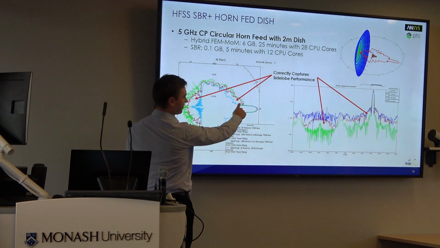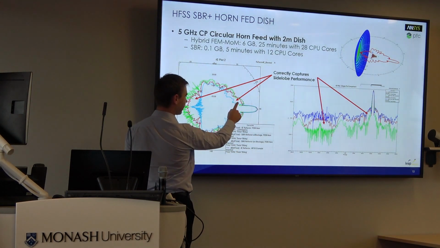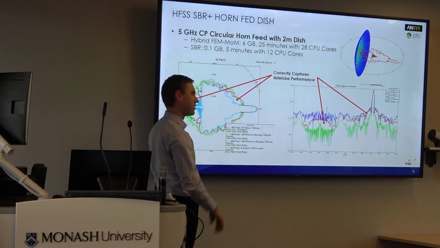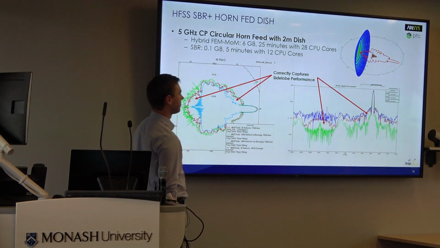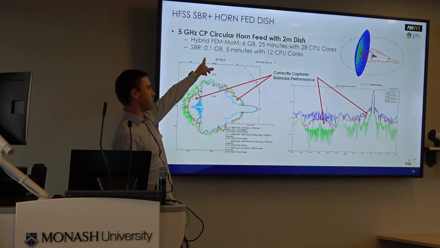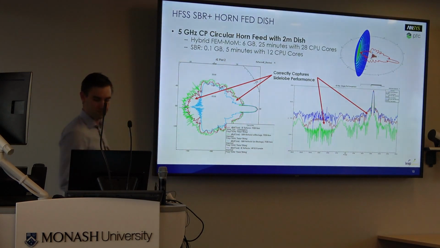The green line is the full hybrid feeding simulation, and you can see that your side lobes are now correctly balanced out because those rays are no longer missing the source, so they give you the correct reflections. But you still get the same speed and RAM requirements that you usually expect with SBR Plus.